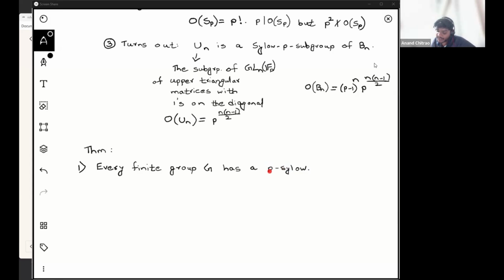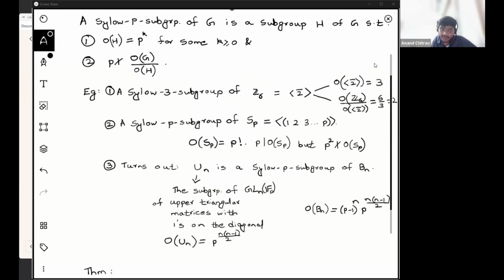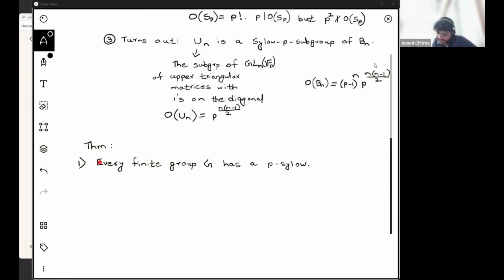Sometimes P may not divide the order of G. In that case, the Sylow P subgroup is just the singleton identity. It satisfies both of these conditions. That's why here K is taken to be greater than or equal to 0. So the first theorem is every finite group G has a Sylow P subgroup.